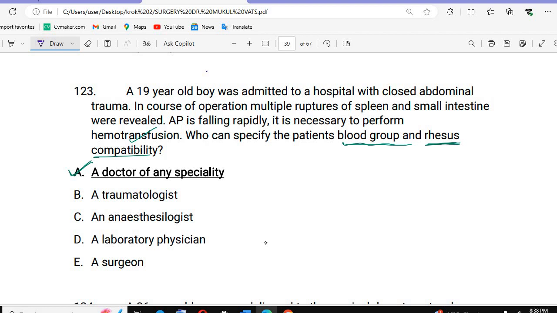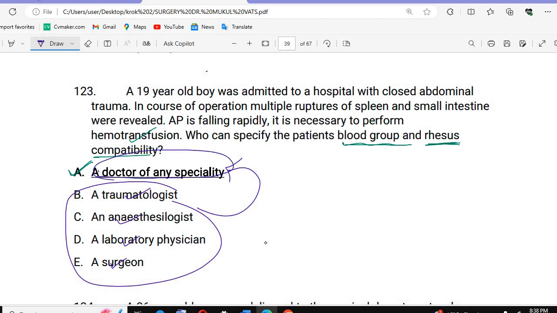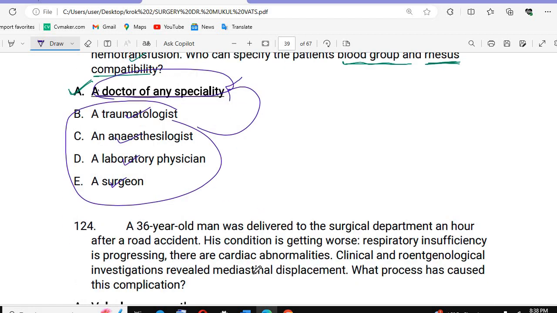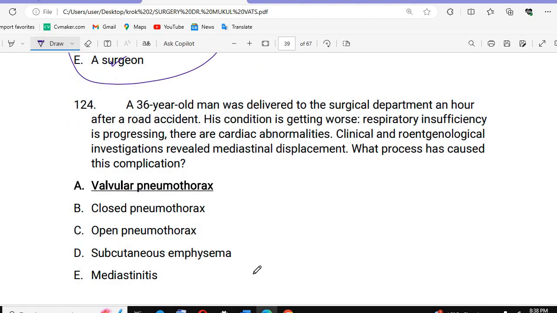Surgeons, laboratory physicians, anesthesiologists, traumatologists: everyone can do it, but if the options already include a doctor of any specialty, we will choose that. This type of question you will get in the exams for sure.